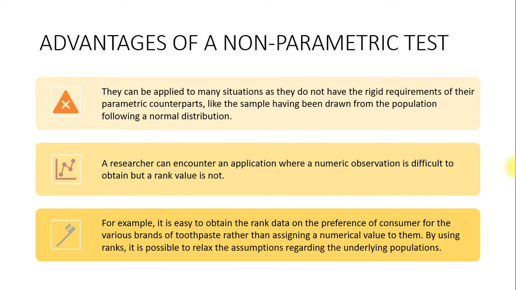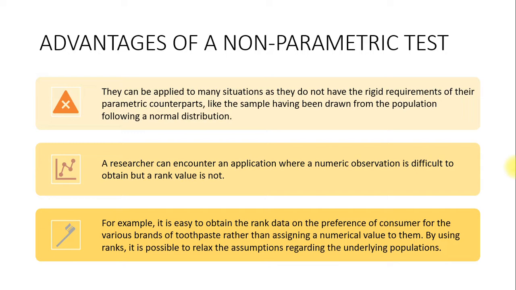When a researcher encounters numeric observations and it is very difficult to calculate the rank, or sometimes you are only able to calculate rank but you do not have the absolute value of that particular variable, in such situations where only rank or categories are available, then you could apply a non-parametric chi-square test.